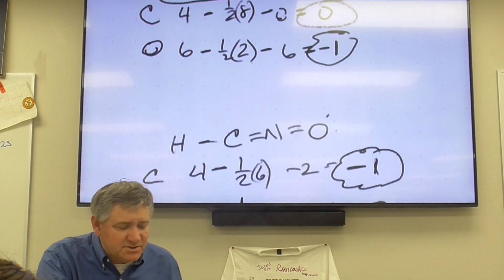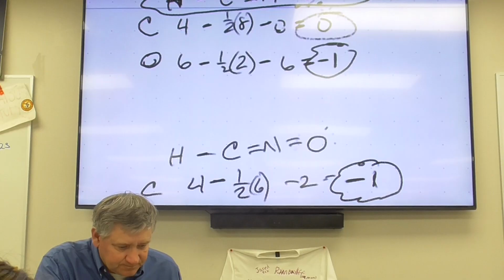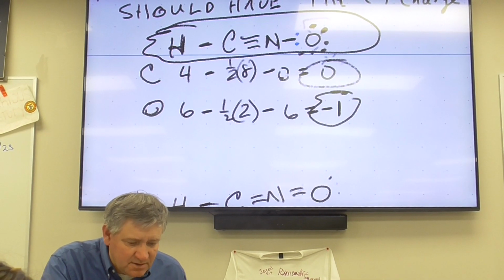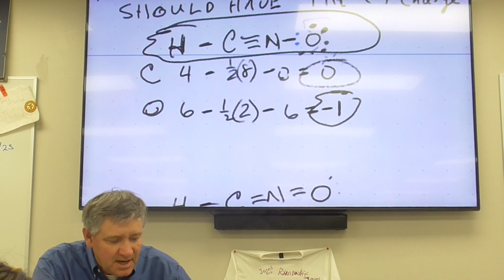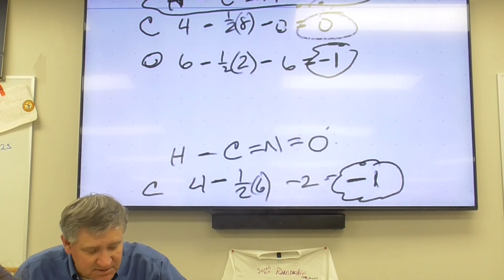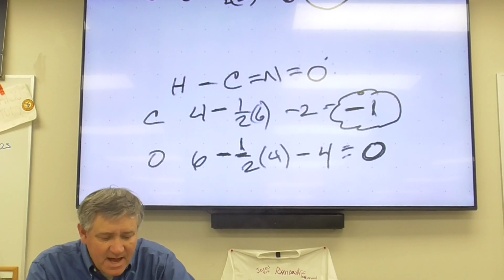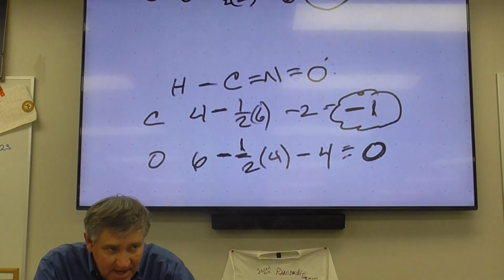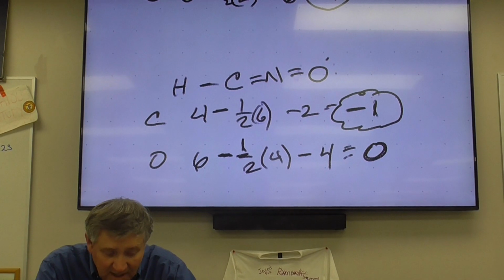It'll say, here are your 2 possible structures. The first one has a formal charge of -1 on the oxygen. This one has a formal charge of -1 on the carbon. This one has a formal charge of 0 on the oxygen.